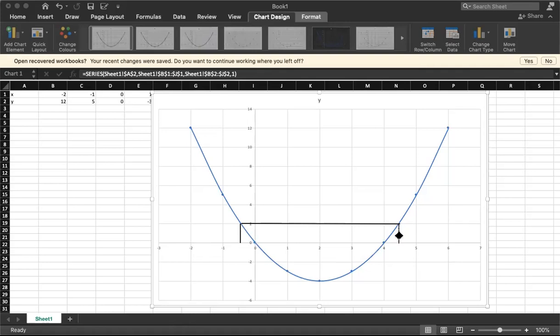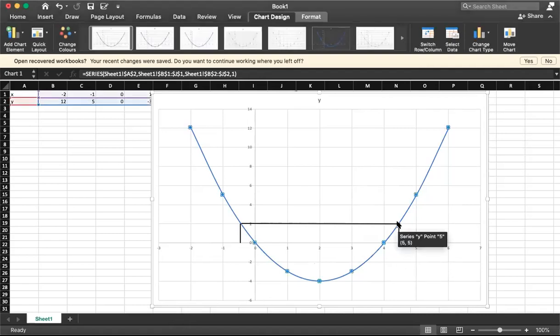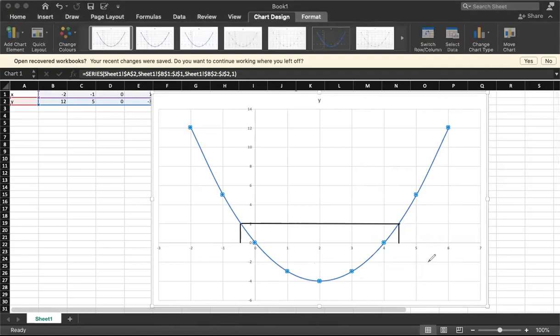But basically you are reading this value, okay? If I try to read this value right here, it's not really telling me the value. I don't want to use the Excel tools because it's going to be difficult. But from here, what do you think this value is? The value of X there.